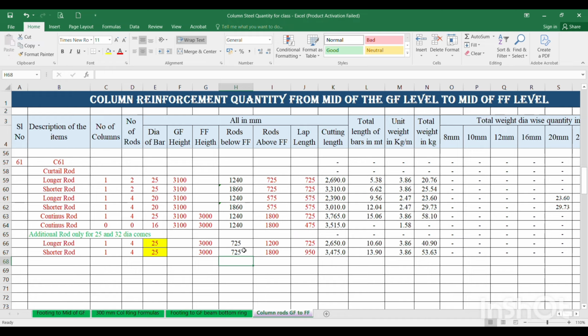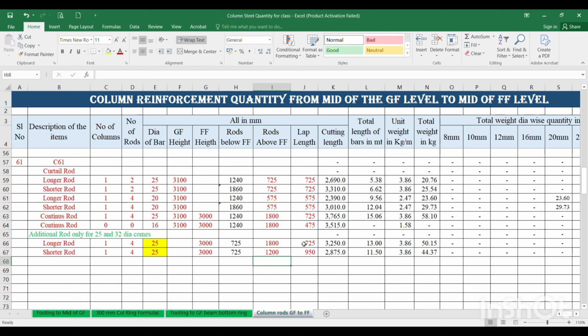Then for rods above the first floor level, as it is, 0.4 times of the longer rod and 0.6 times of the longer rod. Here you can change it. This is 0.6 and this is 0.4, whatever it is. Here both are the same. For the longer one, we can make this 0.6 over here, and for this we can make it 0.4, and even keeping the same is not an issue.